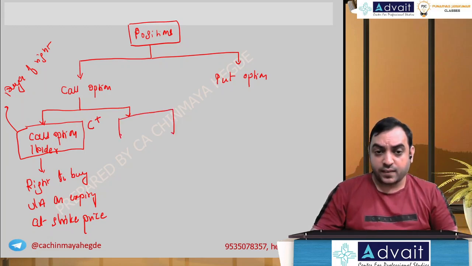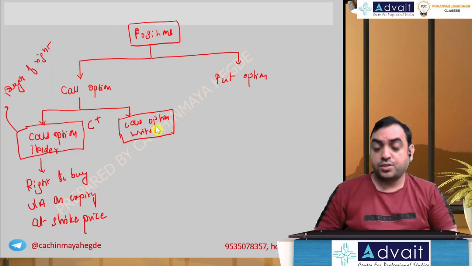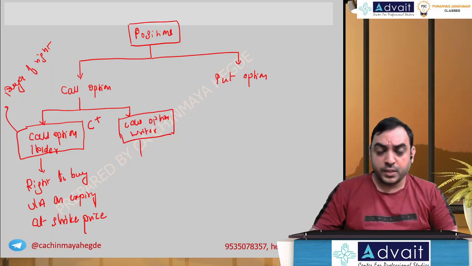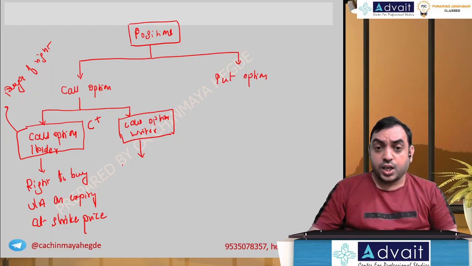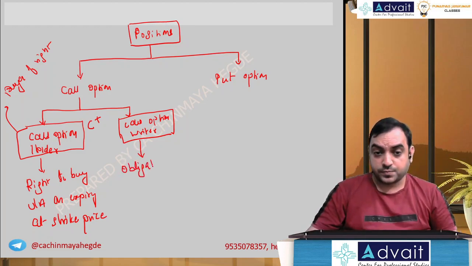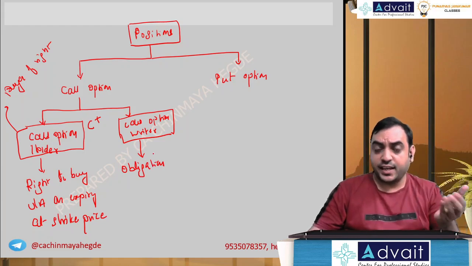And then we have call option writer. Call option writer means you are having obligation to sell. See, one person has the right, the other person will have obligation.